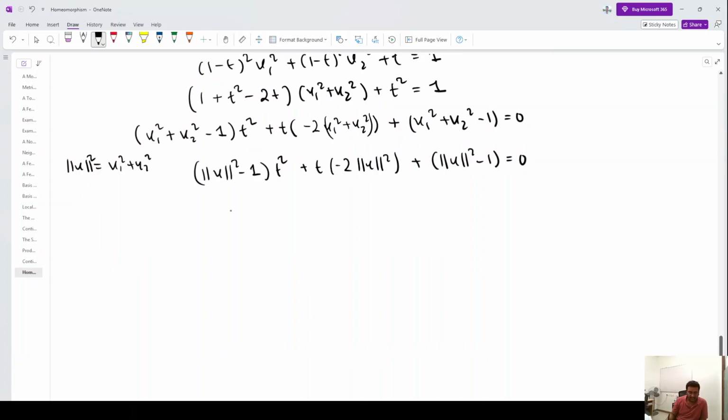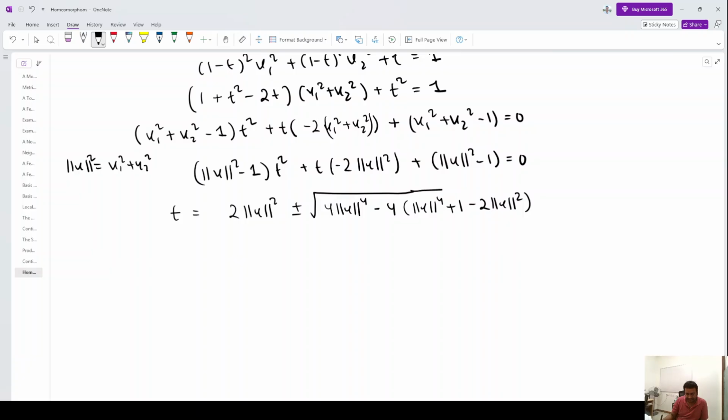So t is equal to minus b, plus or minus the square root of b square minus 4ac, divided by twice norm x square minus 1.